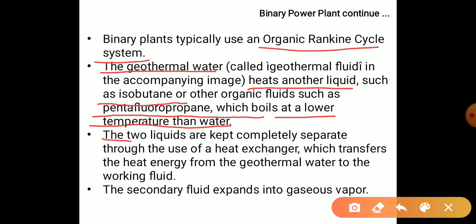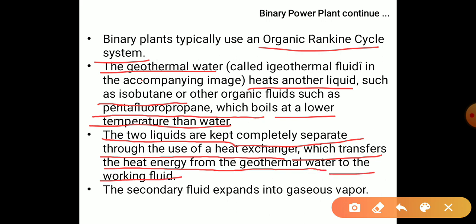The two liquids are kept completely separate through the use of the heat exchanger, which transfers the heat energy from the geothermal water to the working fluid. This is the most important point for the binary power plant: this fluid does not come directly into contact with the geothermal hot water.